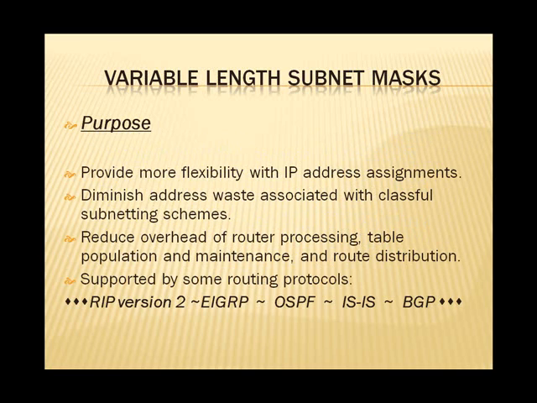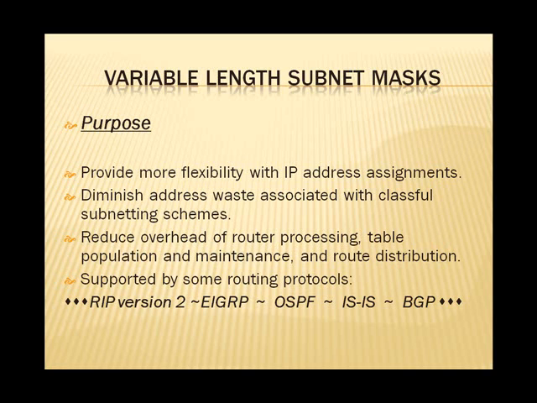This provides more flexibility with IP addresses, diminishes IP address waste, and removes the classical subnetting scheme, but adds overhead to routing processes, table population and maintenance, as well as routing distribution.